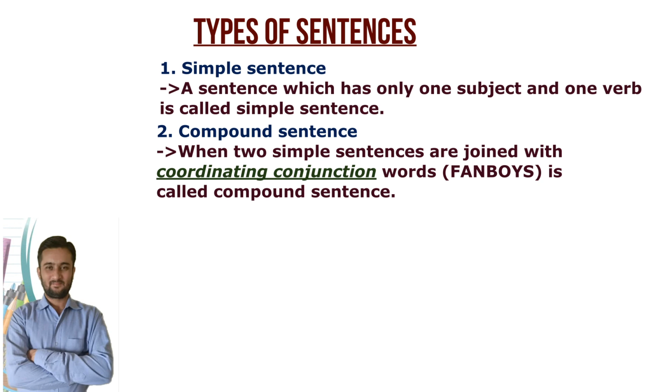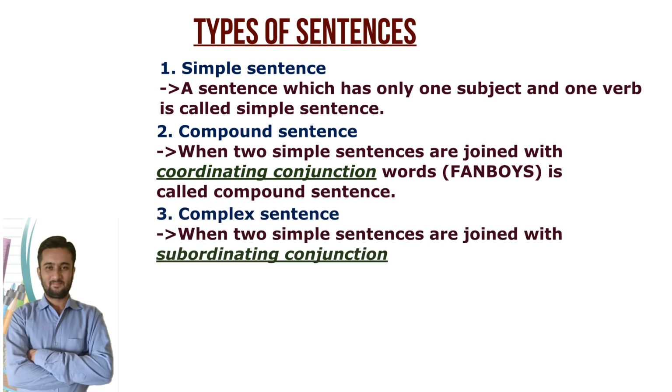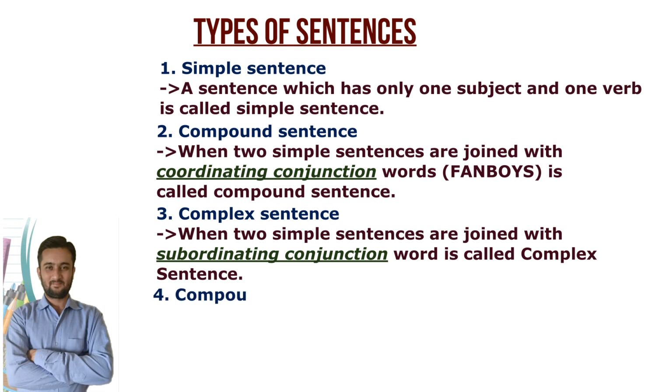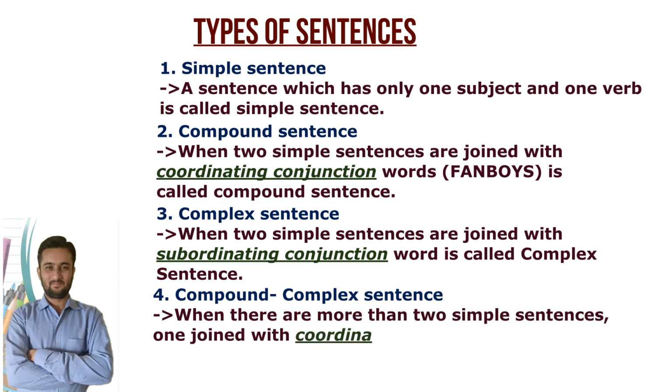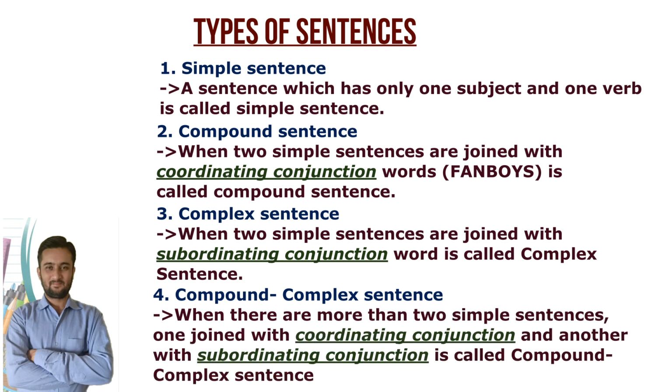In complex sentence also there are two simple sentences but they are joined with a subordinating conjunction word. And in complex sentence one part is dependent clause and one part is independent clause. And last one, compound complex sentence in which more than two simple sentences, one joined with a coordinating conjunction word and another joined with a subordinating conjunction word.